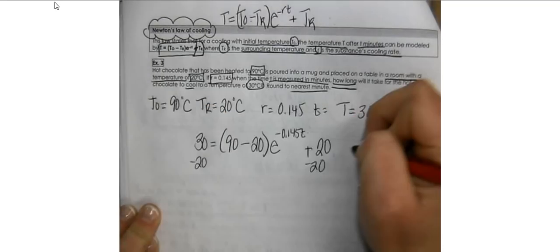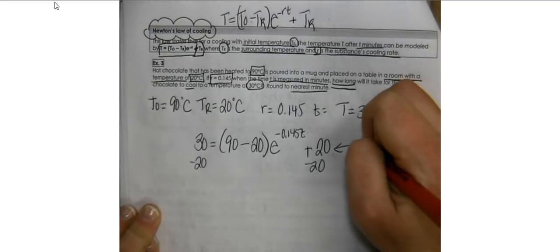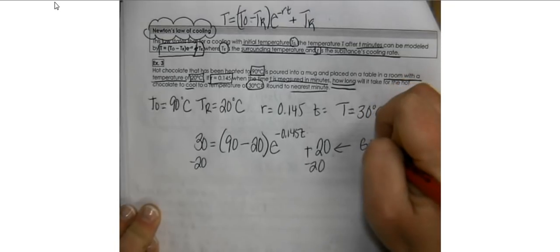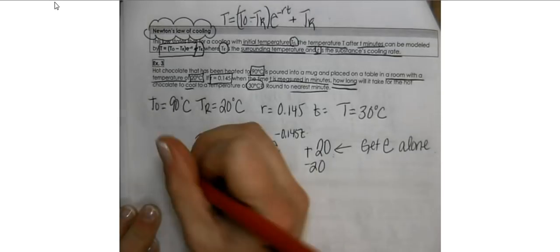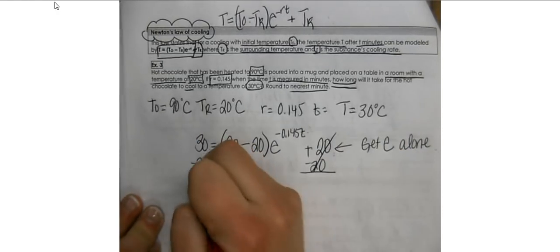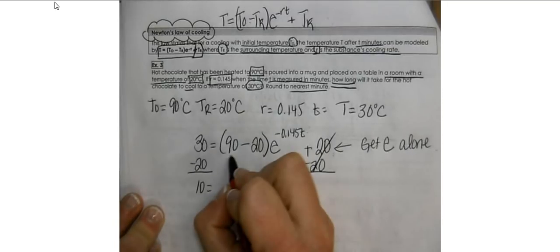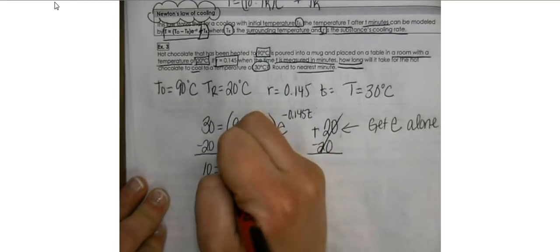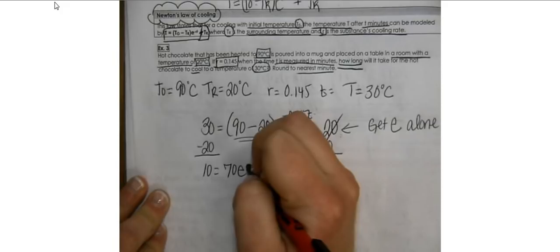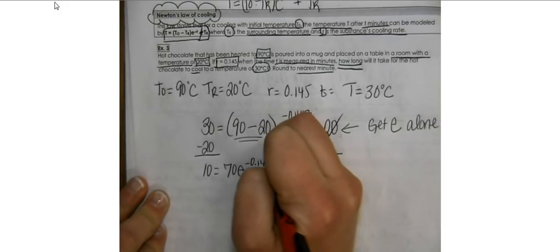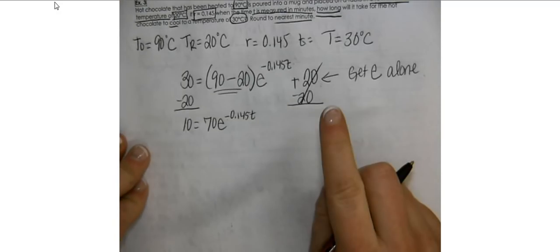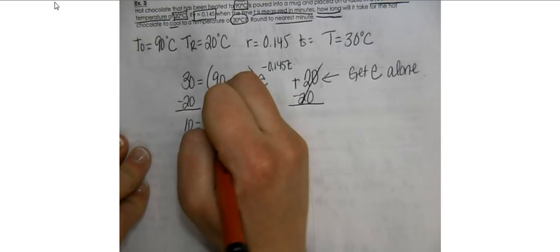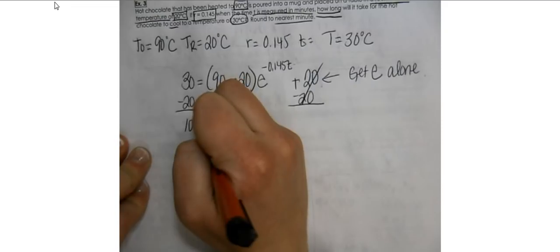When I do that, I end up with 10 is equal to, and I can combine 90 and 20 to make 70, times e to the negative 0.145 times t power. Once again, I need to get e alone, so I'm going to get rid of this multiplication by 70 by dividing both sides by 70.